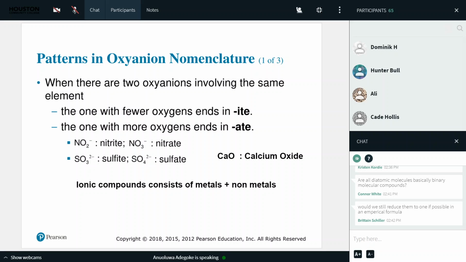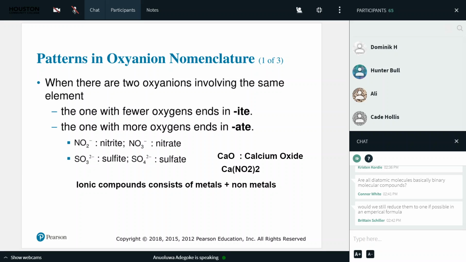So what if calcium is combining with a polyatomic ion? Let me give us one example here. When I'm done writing, you will see what I'm writing. Okay, this is calcium nitrite.